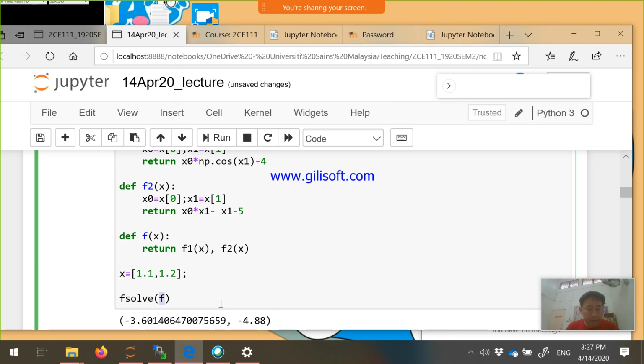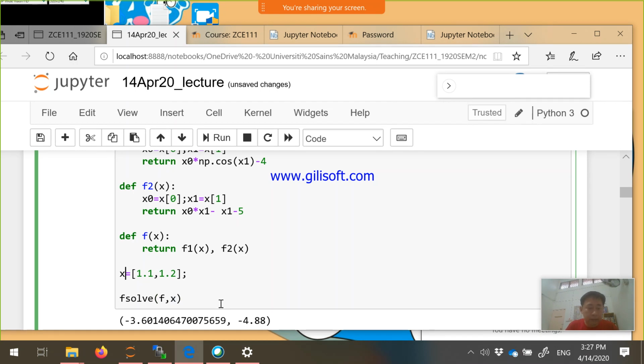So the hope is that when the x, that is x0 and x1, is varied, then f will become 0. So what are the values of x0 and x1 that could make f become 0? So you just provide the function you want to minimize and the initial guess. So here x is the initial guess.